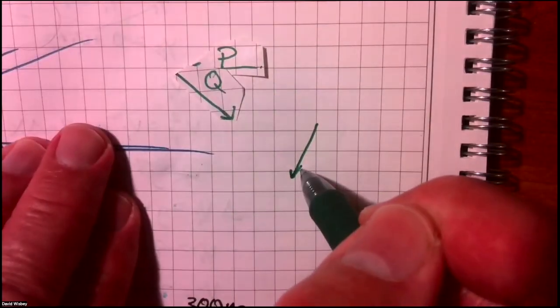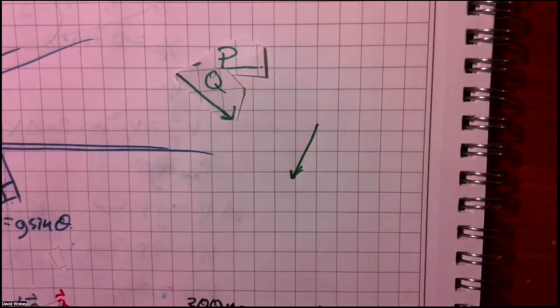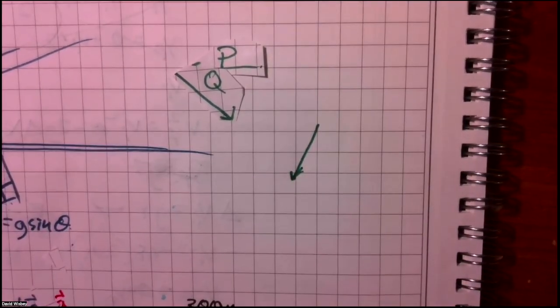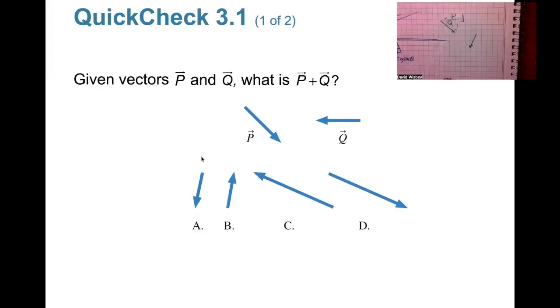So the resultant vector is kind of down and to the left. Let's pick our answer here. I think the answer is A. Yes, the answer is A. We got the right answer. No, we didn't. I drew it backwards.